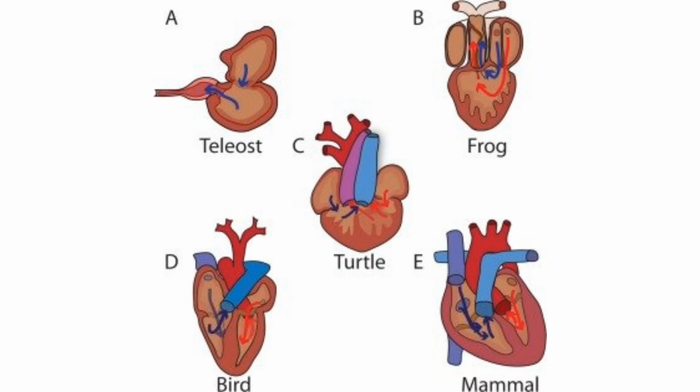The heart of reptiles is more advanced than the heart of amphibians. In most reptiles, the ventricle is partially divided by an incomplete interventricular septum. Hence, the heart of reptiles is said to be 3.5 chambered. In crocodiles, the interventricular septum is complete.